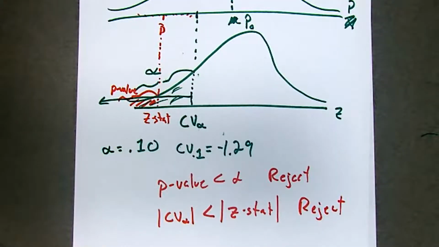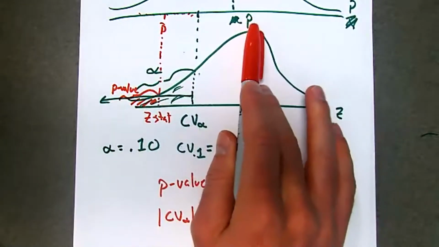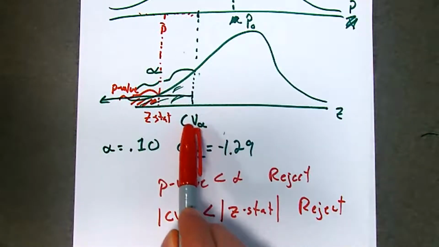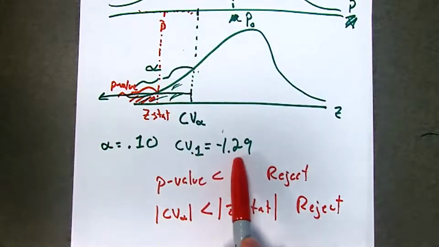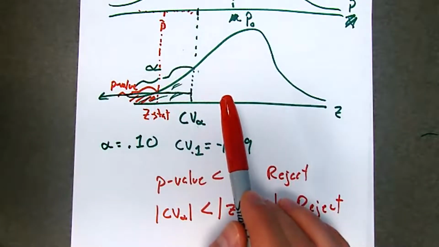I think the critical value approach translates to being a little more intuitive, because what I'm saying is, if I want to reject that assumed true proportion at a 10% significance level, I'm going to have to see a sample proportion that's more than 1.29 standard deviations below that assumed true value.